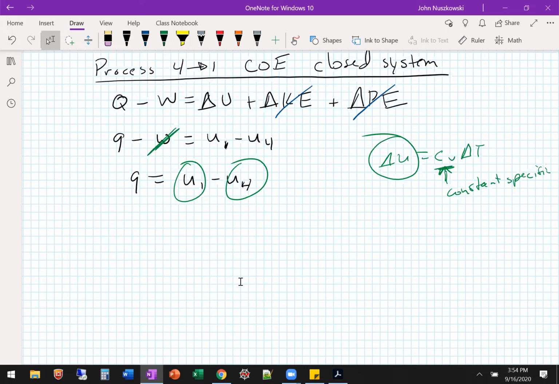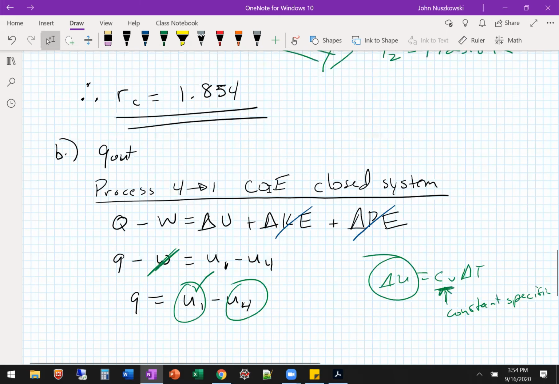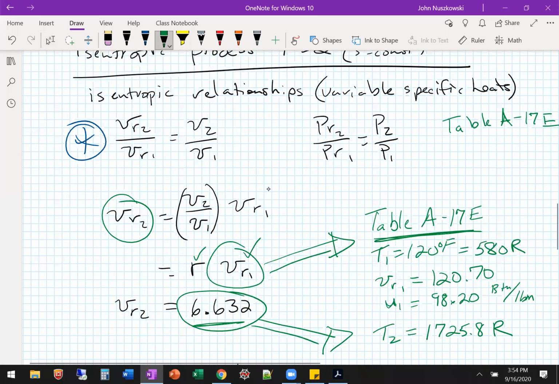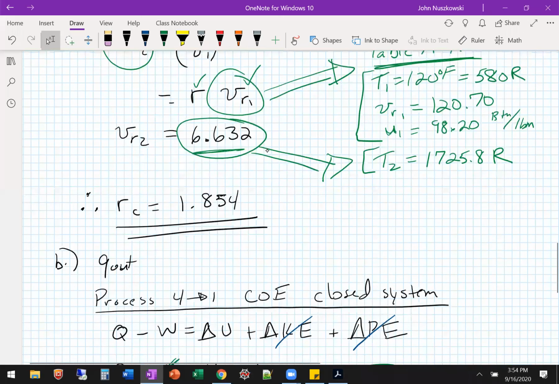All right, so we have U1. Now we got to get U4, which requires, just like state 1, where we were able to get it because we had information at state 1. At state 2, we have a temperature, so we can get everything we want there if we needed to.